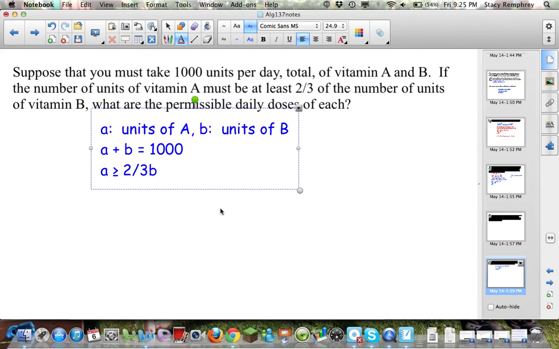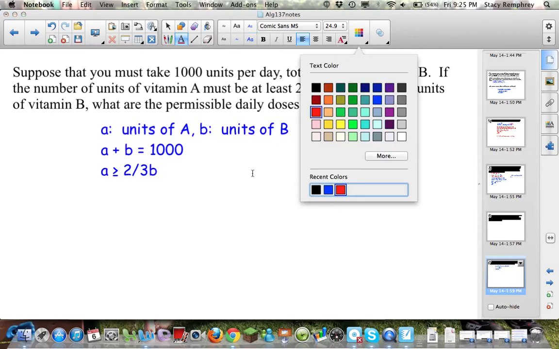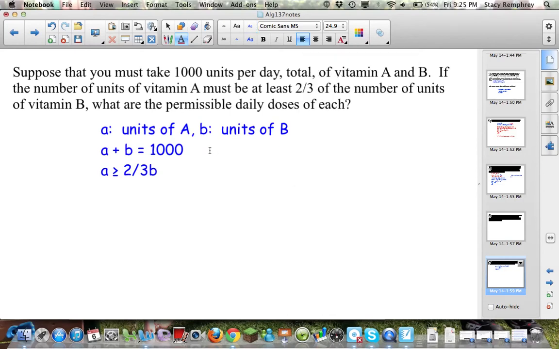How do I say each part mathematically? Now I'm only going to work through one of the variables right now, even though it does say both, just for the sake of time in a video. I'm going to solve for A. That'll give my dosage for B.